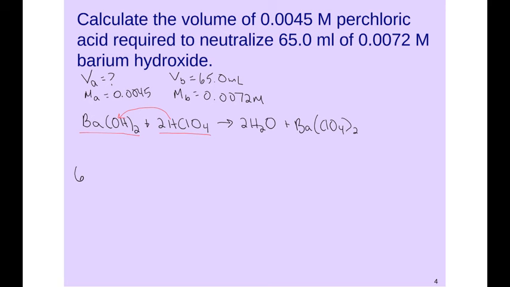And we should turn 65 milliliters into liters, so that would be 0.065 liters of barium hydroxide. And we can then use our molarity of our barium hydroxide to convert that into moles of barium hydroxide.